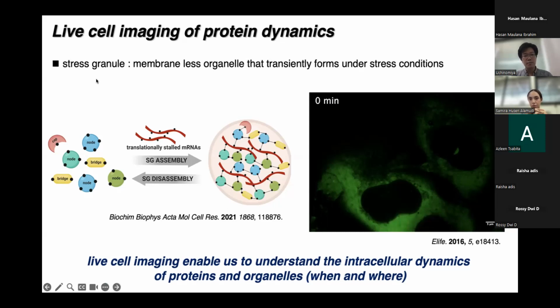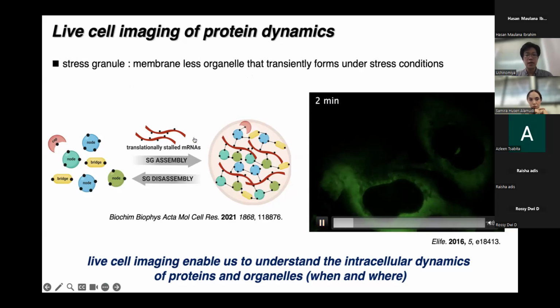However, there are some special membrane structures that transiently form under stress conditions. The stress granule is an example of such an organelle. And stress granules transiently form under stress conditions. So that's why it's a reversible organelle.